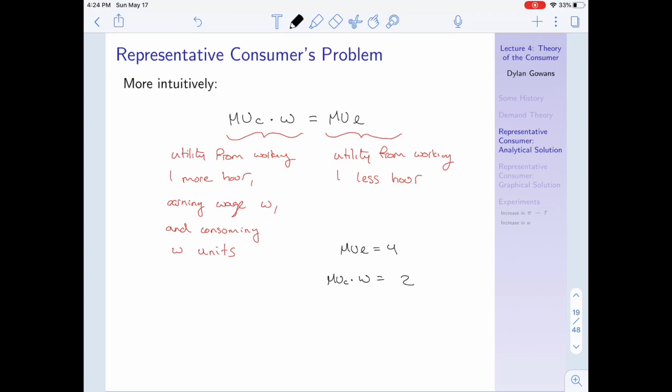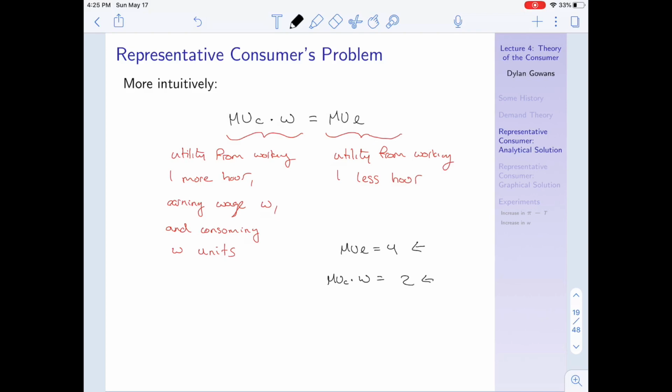That means I'm better off working one less hour, which will sacrifice utility of 2, and consuming one more hour of leisure, which will more than compensate for the lost hour of labor and additional consumption that it gave me.